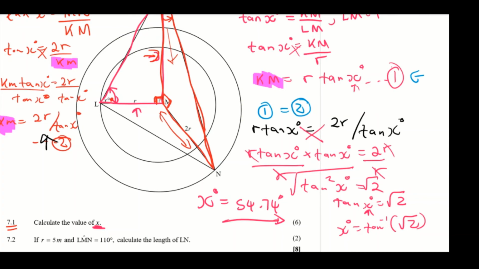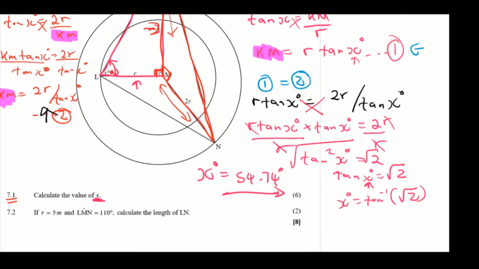Now we are going to go to 7.2, which says that if you are given r as 5 meters and the angle LMN as 110 degrees, calculate the length of LN. So let's look at the diagram that they are talking about.